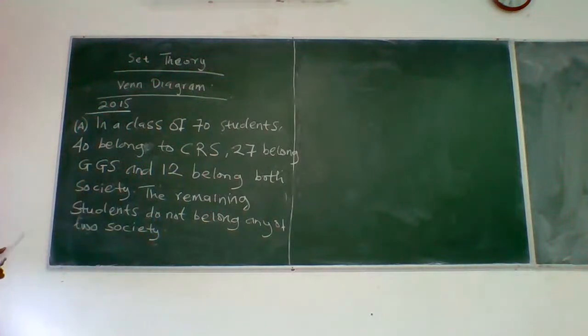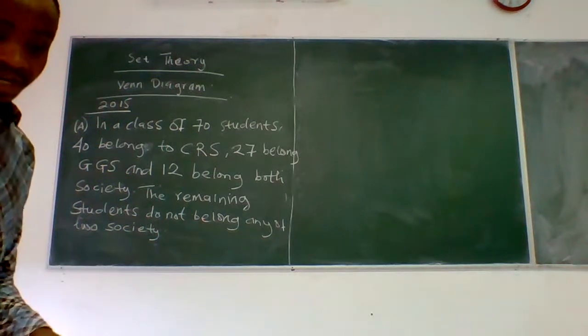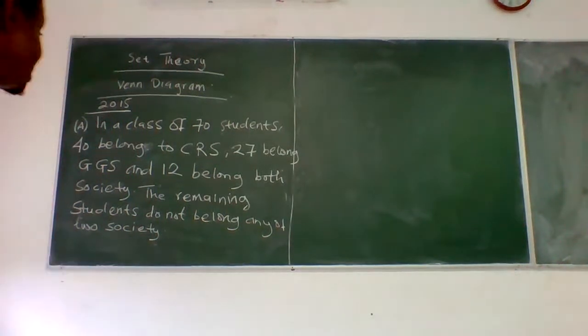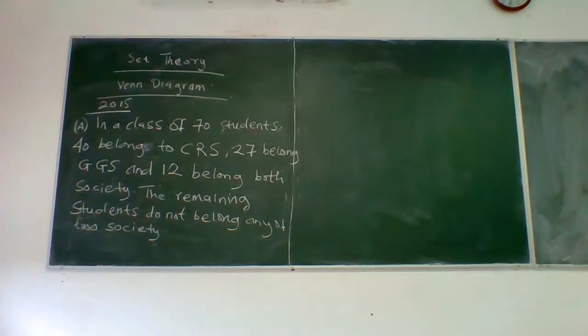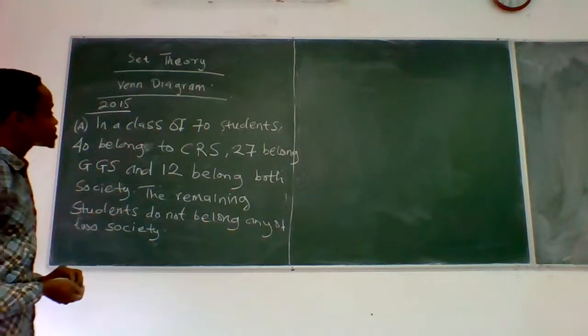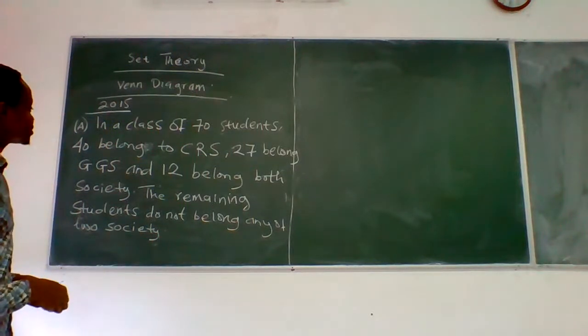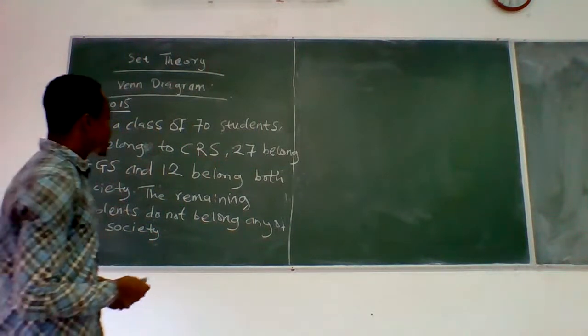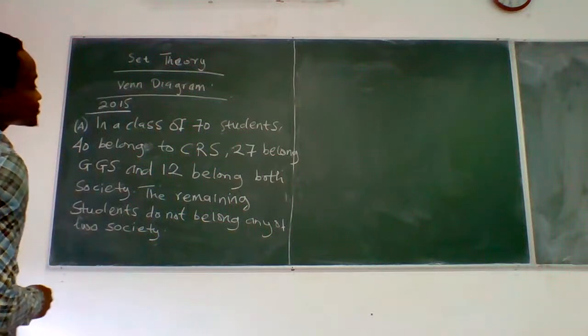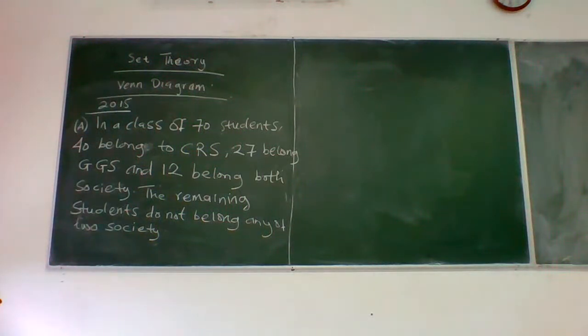So the first question is, illustrate this problem in a Venn diagram. But first of all, let's go through the question. In a class of 70 students, 40 belong to CRS, 27 belong to GGS, and 12 belong to both societies.